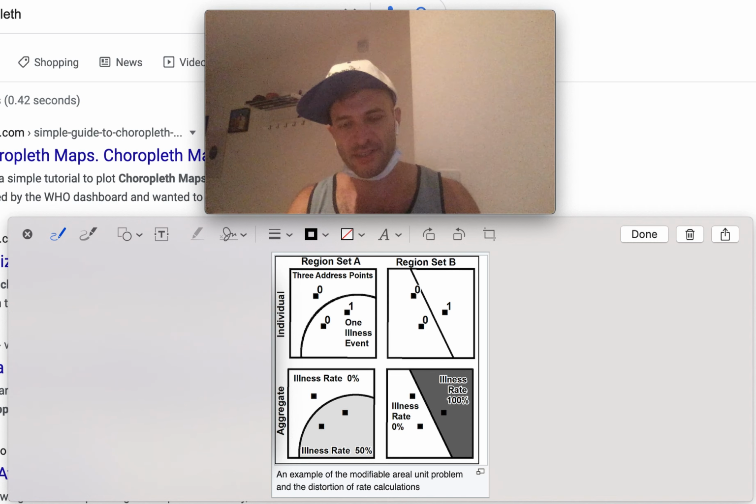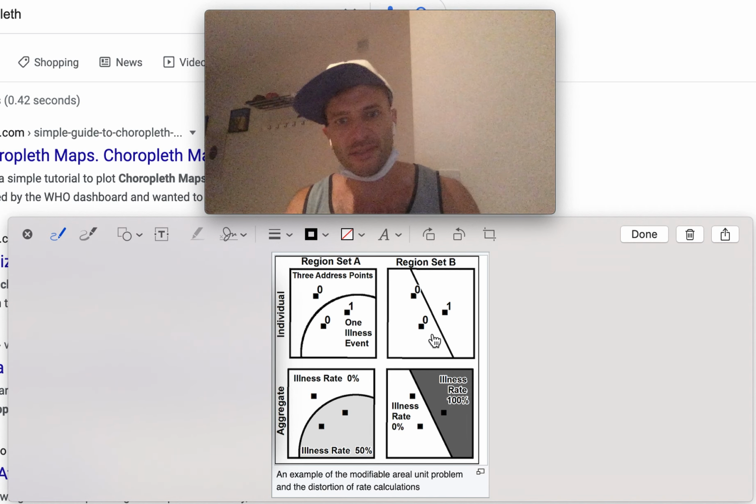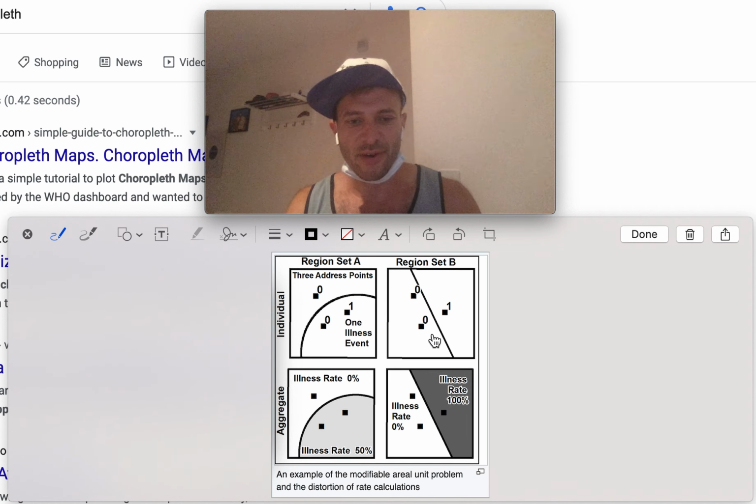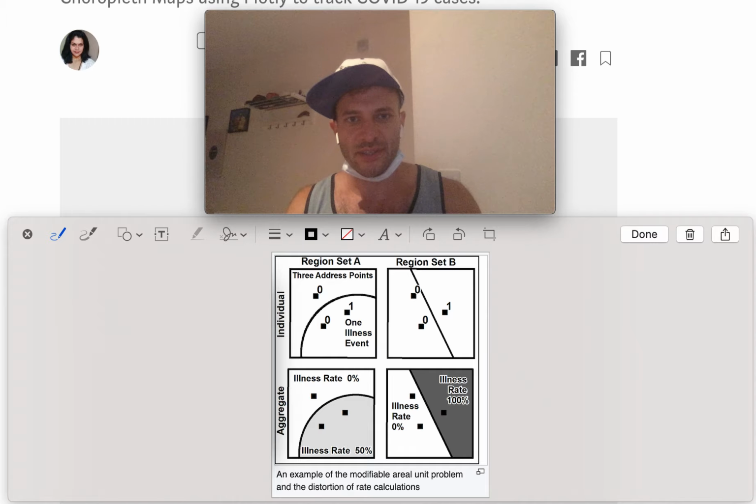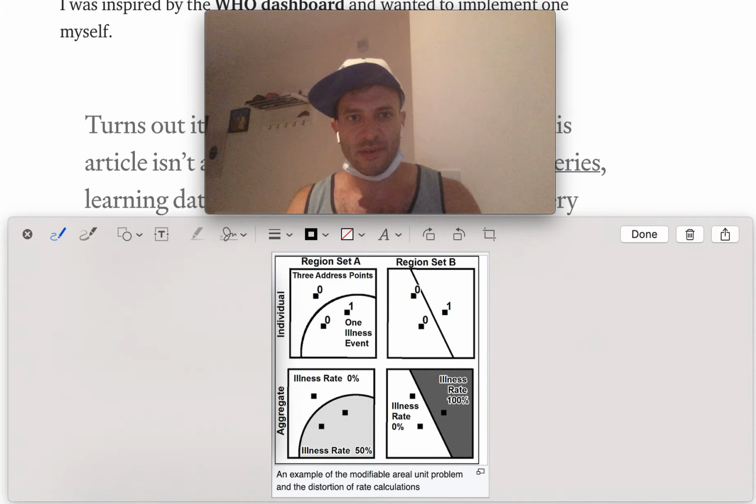Is it more focused in one place or another? Do we get a color on the map that's dark and threatening because the whole state is like that, or it's just because we've aggregated data to the state? And if we draw the boundaries differently, then maybe it would look different.